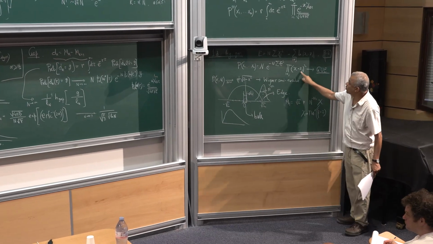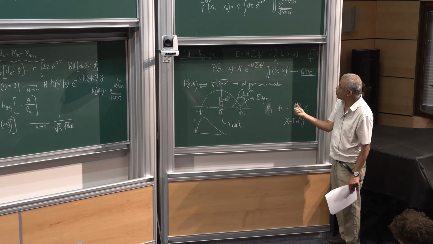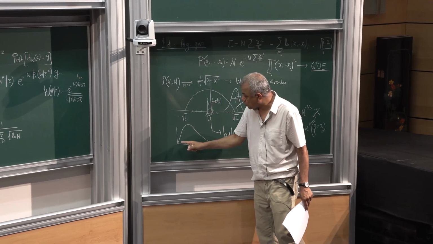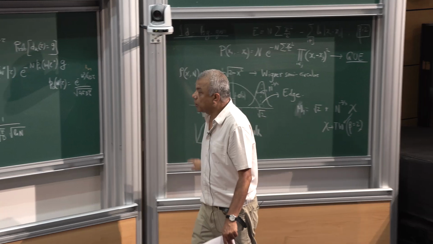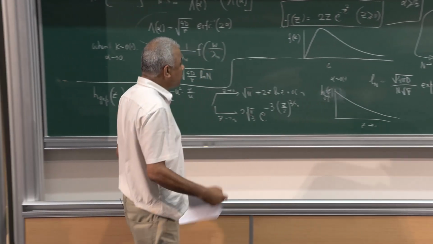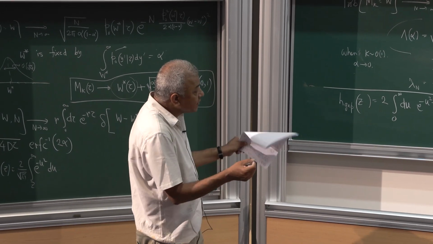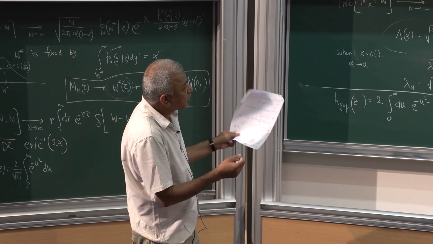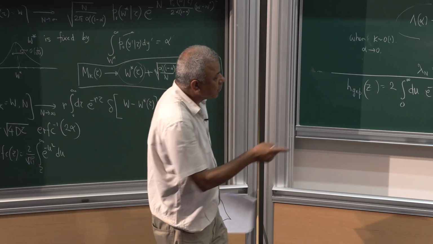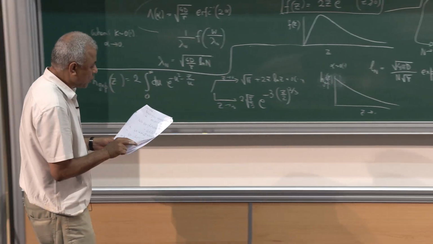Because of the Vandermonde term here, the probability of having two particles very close to each other vanishes, and that gets reflected in the gap distribution. But in our case, the fact that it goes to a constant means that two particles can be arbitrarily close to each other with quite a high probability. And this is the attractive gas, with attractive all-to-all correlation, and this is reflected in the gap distribution, which goes to a constant as z goes to 0.